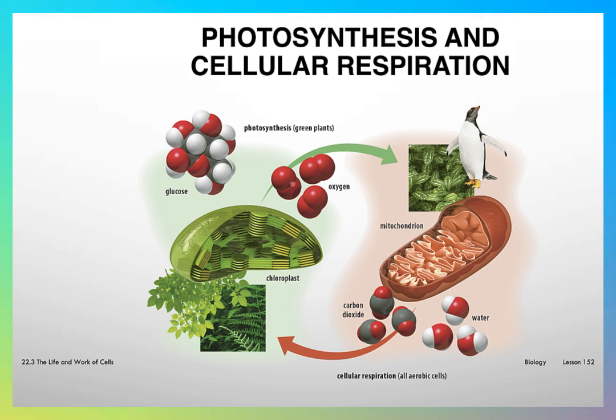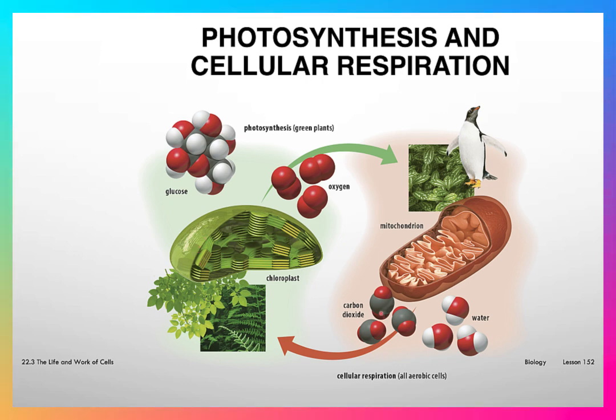Then this is taken up in the mitochondrion to produce energy for the plant, and then the plant uses that energy and carbon dioxide that's produced to continue the process back through. And so you have photosynthesis on this side and cellular respiration on this side.